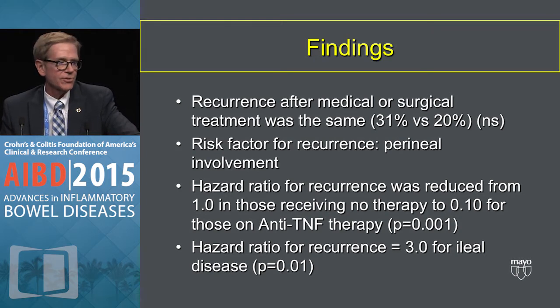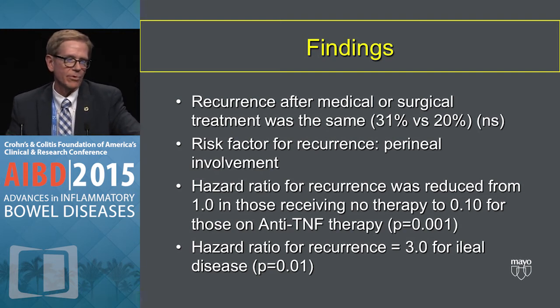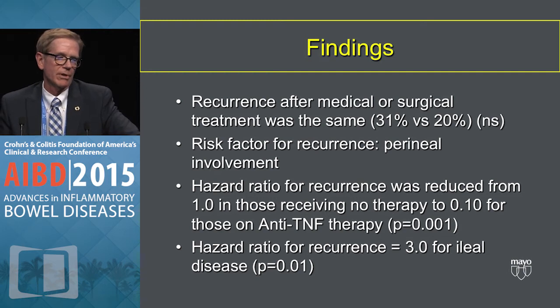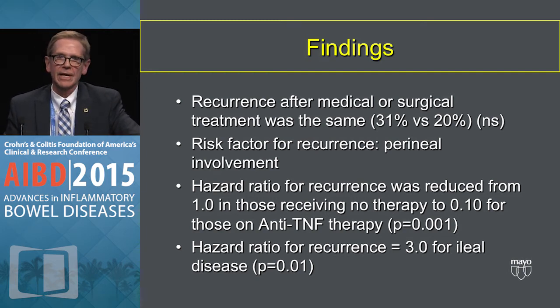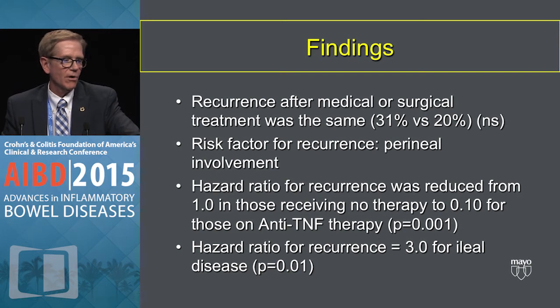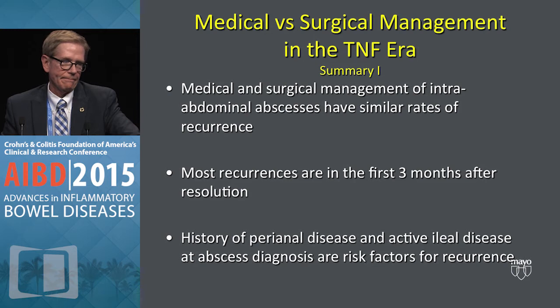The risk factors for recurrence was higher. The hazard ratio for recurrence was reduced, however, from 1 in patients who received no therapy with biologics to 0.1 for those on an anti-TNF therapy, and that was highly significant. The hazard ratio of recurrence overall was high for ileal disease.